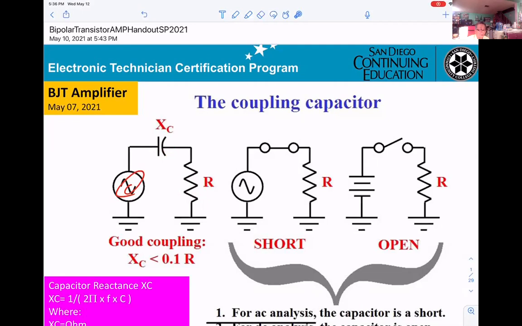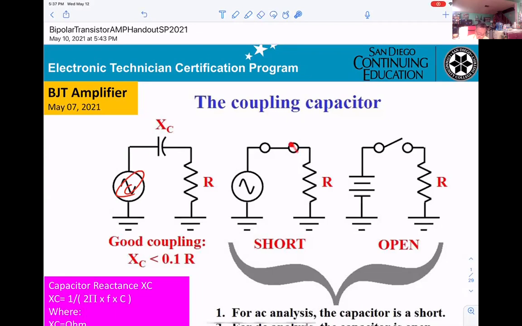So for good coupling, that means the sine wave coming in, sine wave coming out, we want Xc to be less than 0.1 of the resistor value. You understand Xc, right? 1 over 2 pi f C, okay?